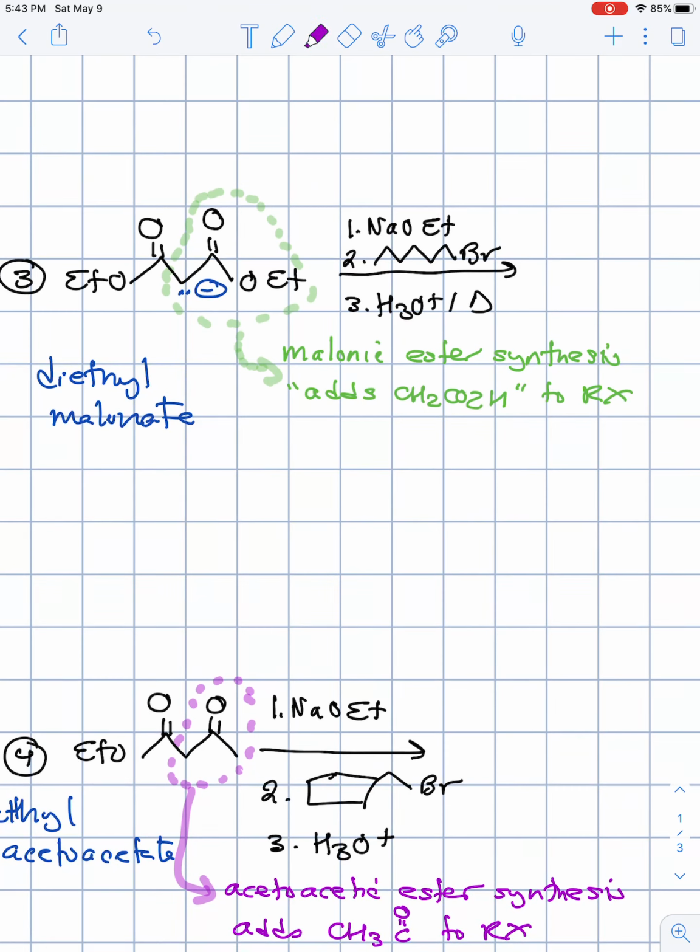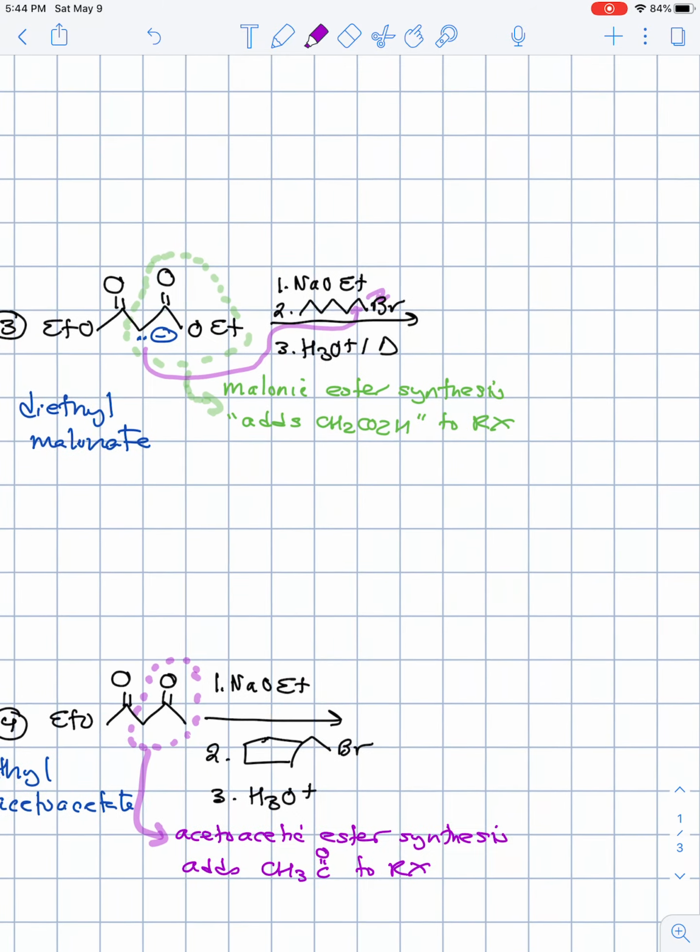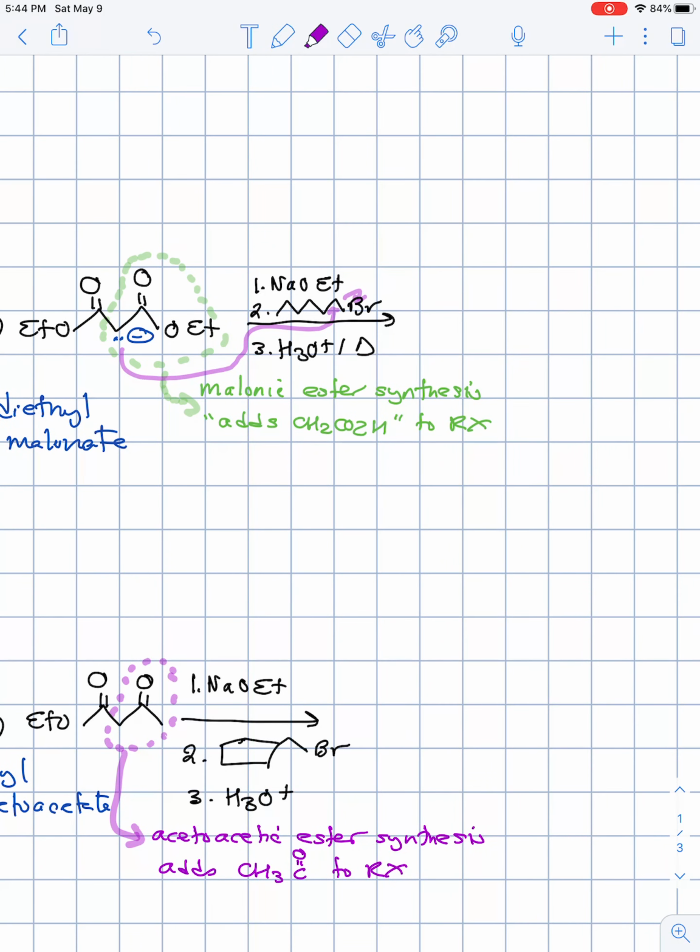And so then what happens is that our nucleophile attacks our alkyl halide. And again, this is an SN2 type reaction. So we're looking at SN2 worthy substrates like primary, methyl, benzyl, allyl. And so when we do that, I'll write out this intermediate.